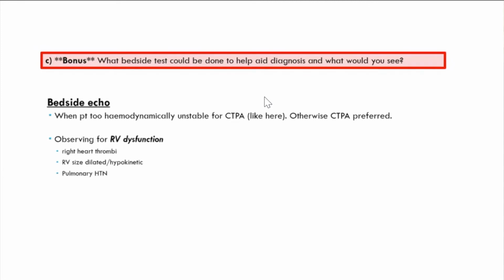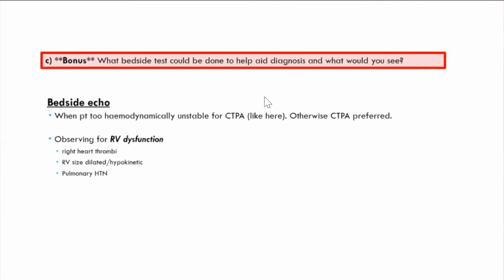Because they're too unstable to go to CT. If they arrest in the CT scanner, that would be a disaster. So only in this particular context, with a massive PE and hemodynamic instability, you would get someone who is able to do a bedside echocardiogram. And you're mainly looking for any signs of right ventricular dysfunction. So that might be actually seeing clots or mobile clots in the right side of the heart.